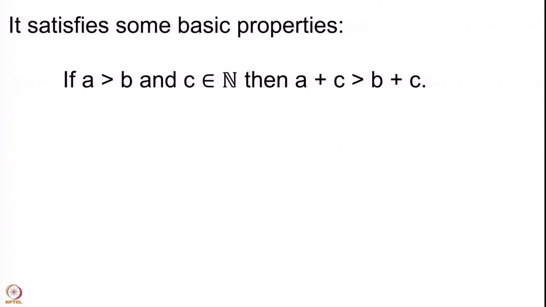What does the first one say? It says that whenever you have a natural number a bigger than another natural number b and you have a third natural number c, if you add this third number to both a and b, then the sum respects the relation.